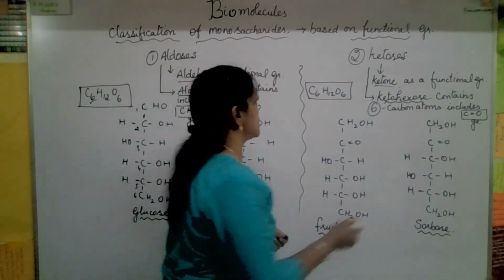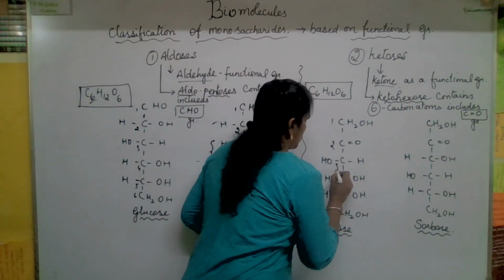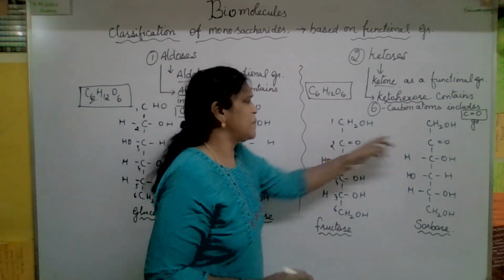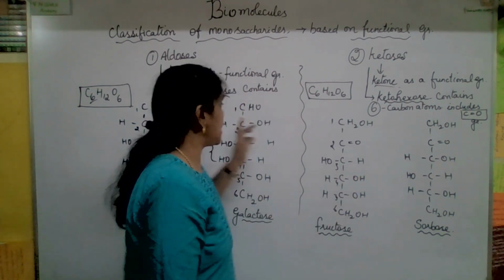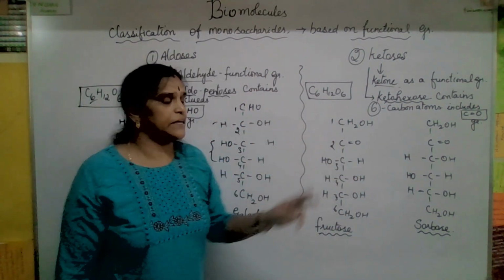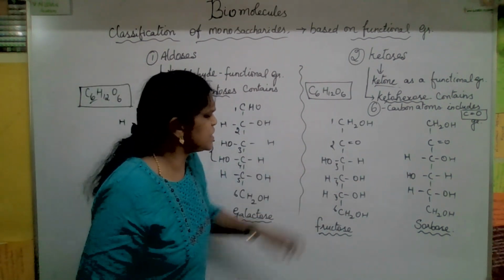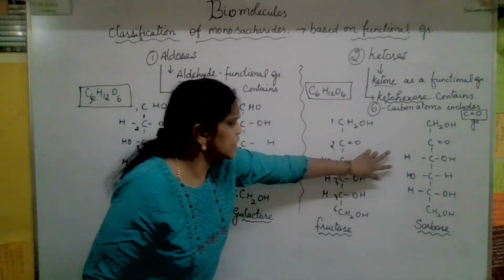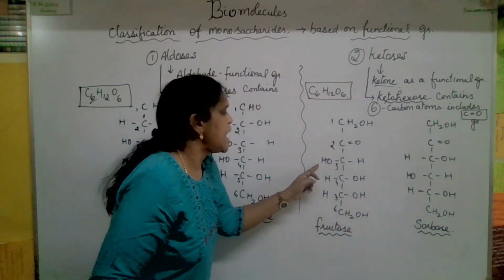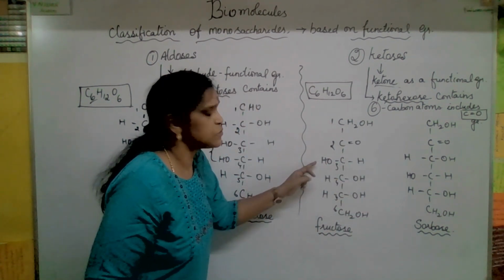Okay, now here also the same, 1, 2, 3, 4, 5, 6. Now the second carbon is always the keto group. Here the first carbon is aldehyde, but in fructose the second carbon is a keto group. And here also the same. Third and fourth, you see HOH on that side for sorbose, and here in fructose it is OH.